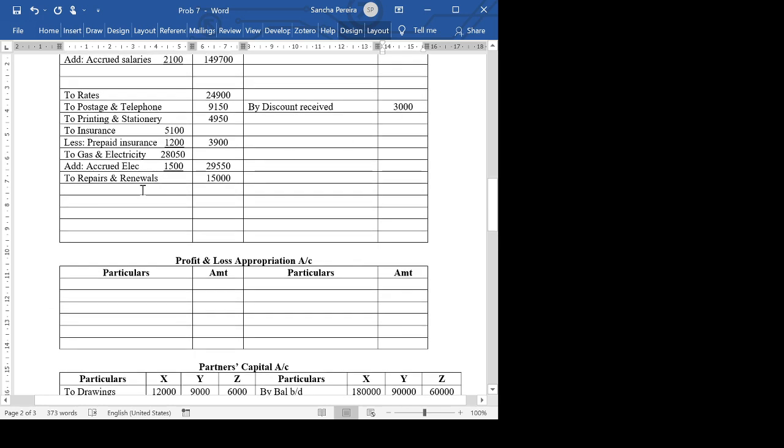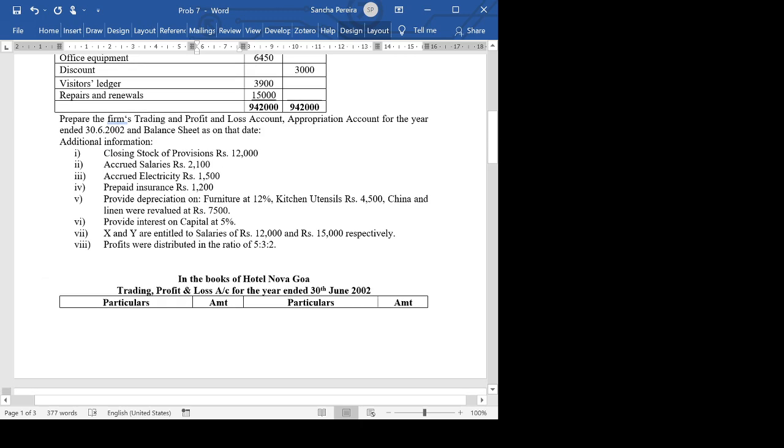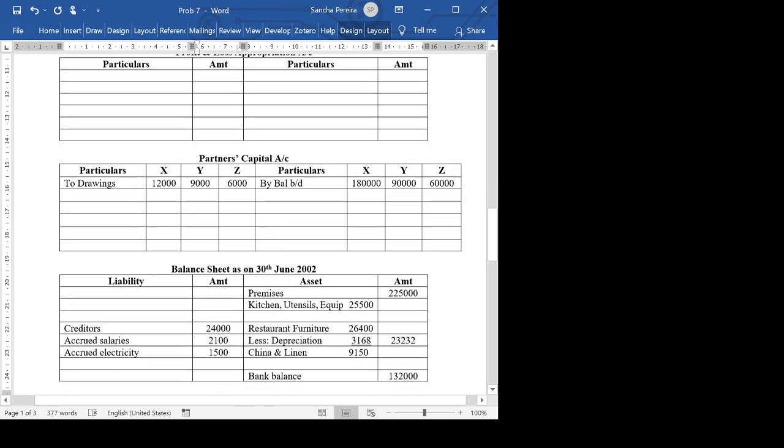So to depreciation on furniture 3,168. Kitchen utensils, they've directly given us the amount, it's 4,500.